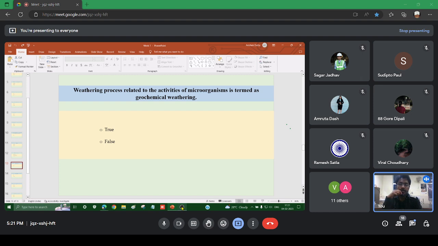I'll repeat the question once again. Weathering process related to the activities of microorganisms is termed as geochemical weathering. State this statement as true or false.